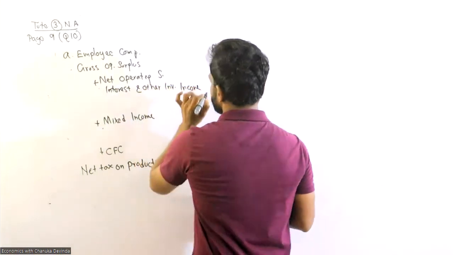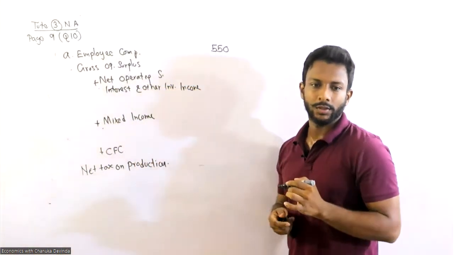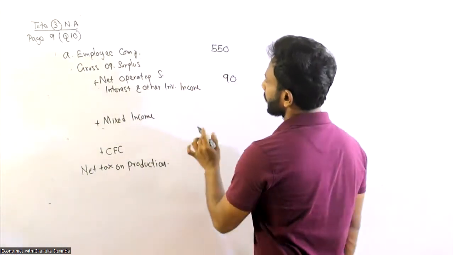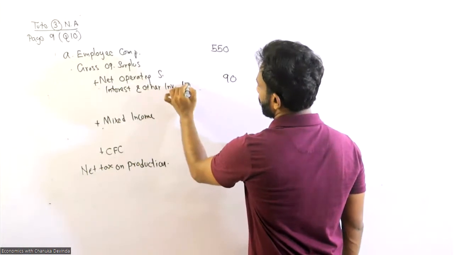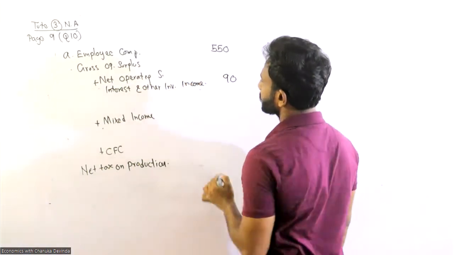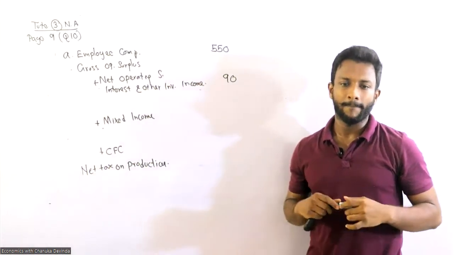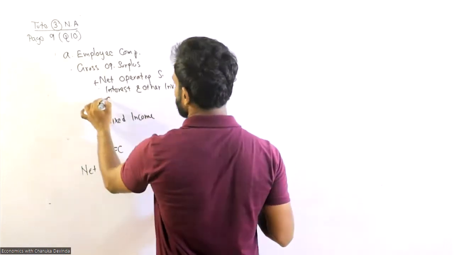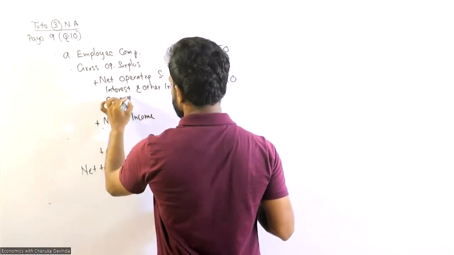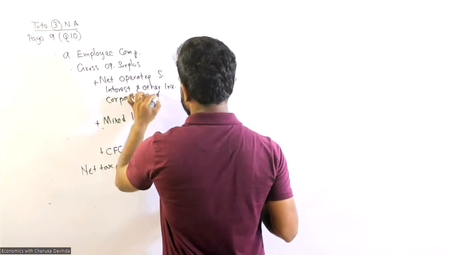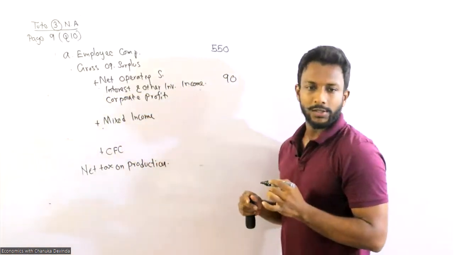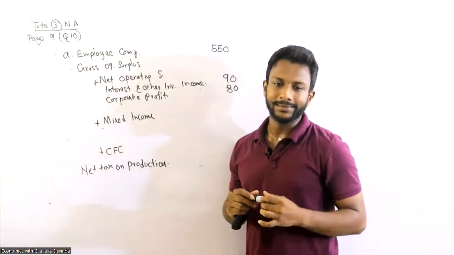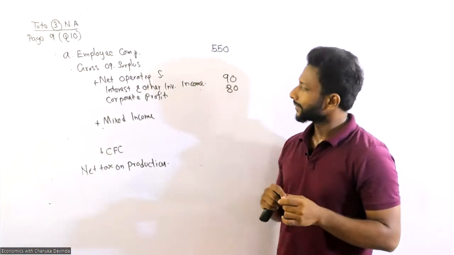How much? 90. What's the next one? Corporate profit. Yes, it's also there. How much? It is 80. What else? That's it.